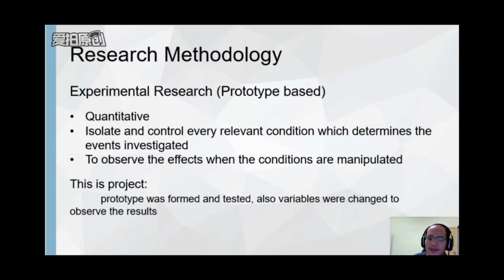So basically, the condition was changed, and the other variables were changed by Yang while he was building up the prototype. We try to observe how the results change based on changing the variables. Those attributes prove that experimental research should be the methodology of this project.